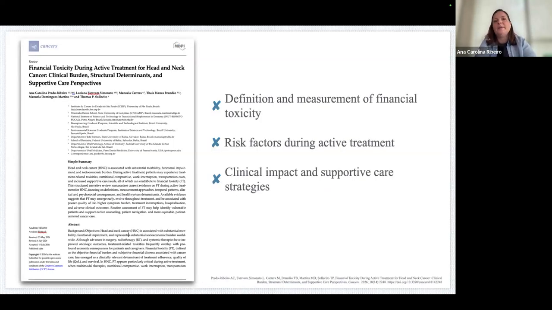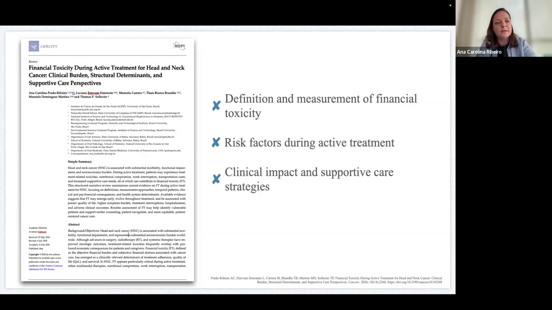We have been exploring this topic, and this week we published a narrative review on financial toxicity during active treatment for head and neck cancer. In this paper, we discuss how to assess financial toxicity, the main risk factors, and the impact on patients undergoing active treatment.